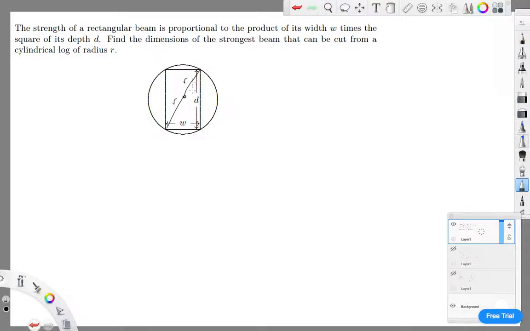Let's take a look at what relationships we know. We know the strength, or S, is equal to the width times d squared. And we can also use the Pythagorean Theorem in here. So we've got W squared plus d squared is equal to 2R quantity squared, or 4R squared. Okay.